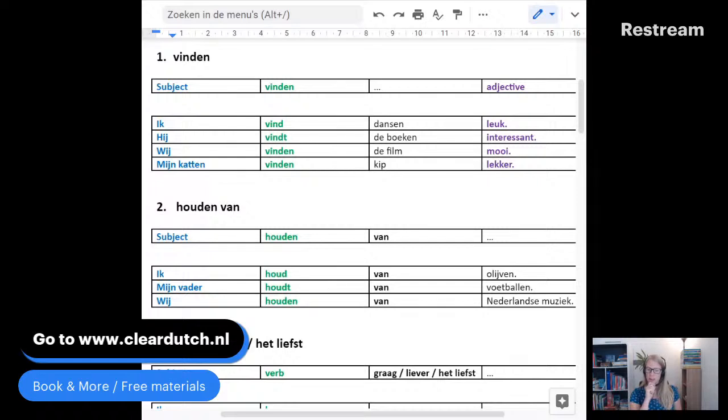Of course, you're a bit more limited because you can't put a value like interesting. You just can say I love or I like it. That's why the vinden structure is, I think, very nice because you have more options. So how would you say I love dancing with the houden van structure?